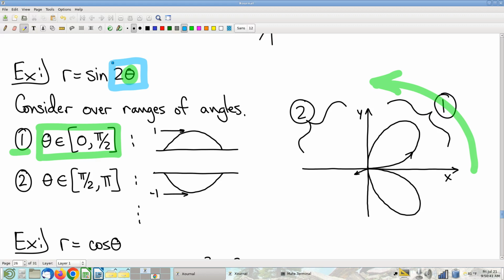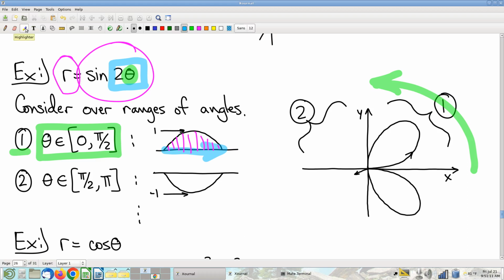So the argument of sine goes from 0 to pi, and as the argument of sine goes from 0 to pi, the value of that function, in other words, the value of r, goes from 0 all the way up to 1 and back down to 0. So this is a guide for how I can actually plot what the curve is doing.